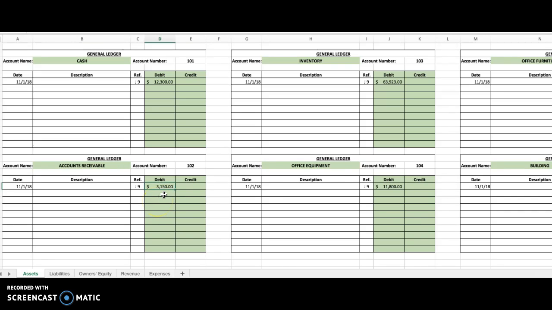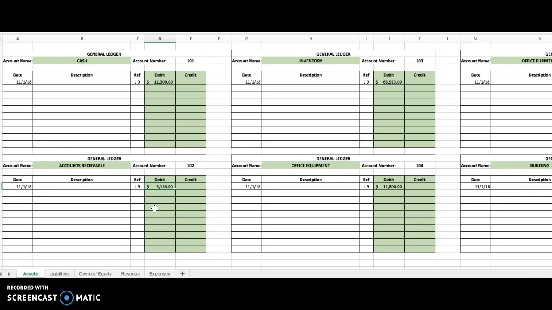If they owe us more money, it would be shown on the debit side. If they owe us less money, in other words, they pay the bill, it would decrease accounts receivable. It would be shown in this column, the credit column. Now, what it does not show us is who these people are. There could be 2 people, could be 1 person, could be 10. We don't know that.